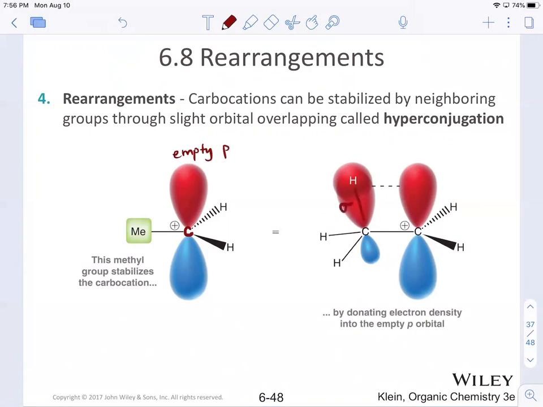The sigma bond that is filled can start to hyperconjugate and donate some electron density towards the carbocation. That is stabilizing, just like the hyperconjugation was before for our staggered Newman projections.